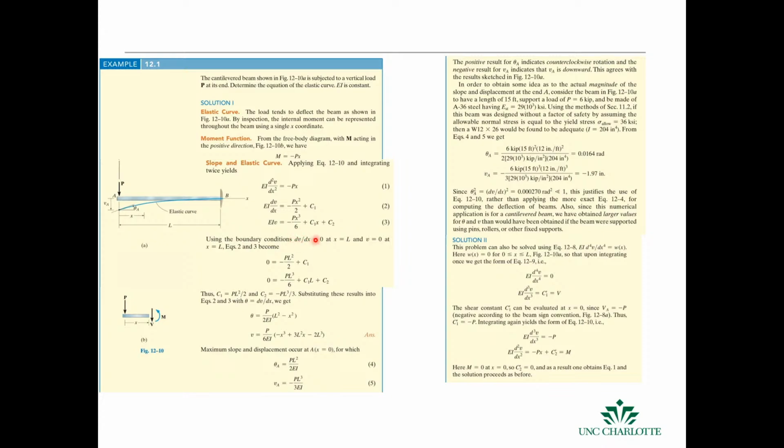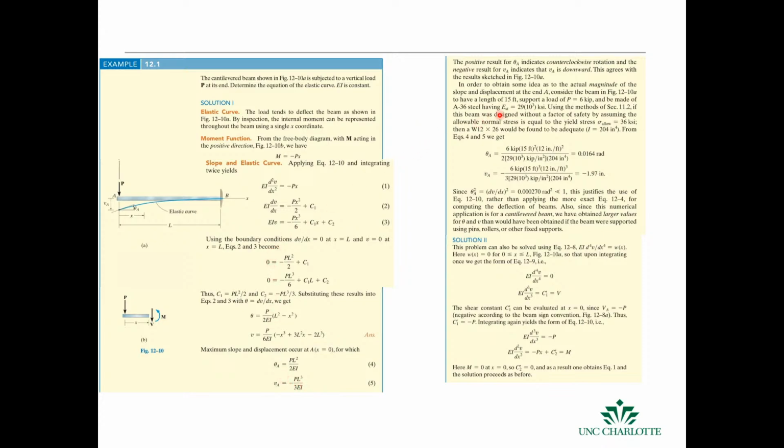So this boundary condition says that the slope is equal to 0 at x equals L, and that the displacement is 0 at x equals L. That means over here at this base, the slope and the displacement are 0, and so we can plug those in and solve for the slope and the deflection of the beam. That's this deflection VA here.